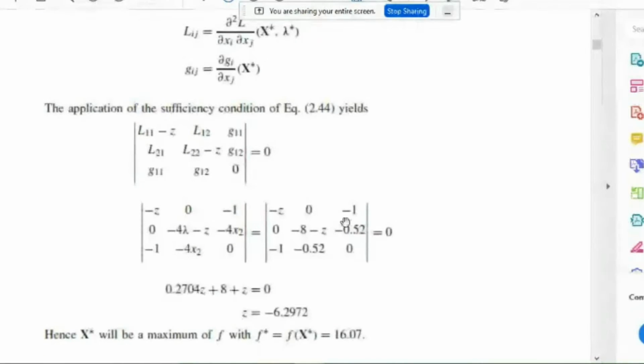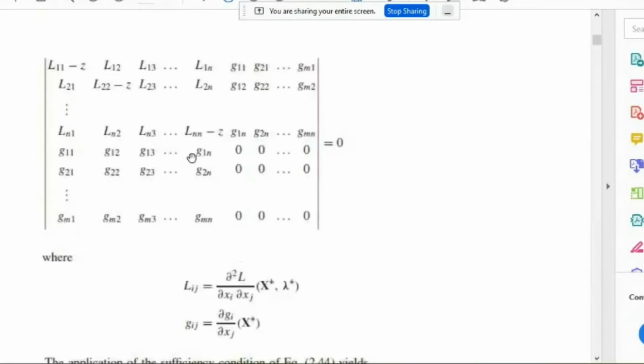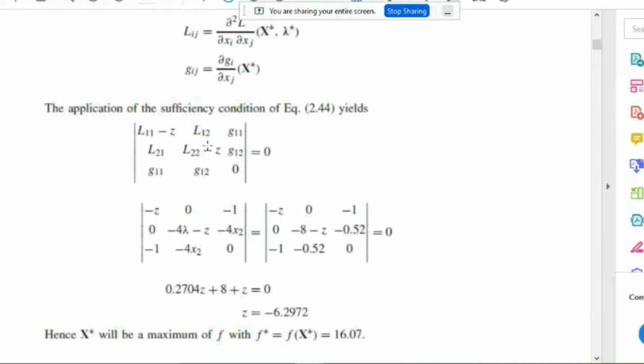But in our current example, there are only two variables and only one constraint. So from this general expression, we can rewrite the determinantal equation as L11 minus z, as demonstrated in the current slide.